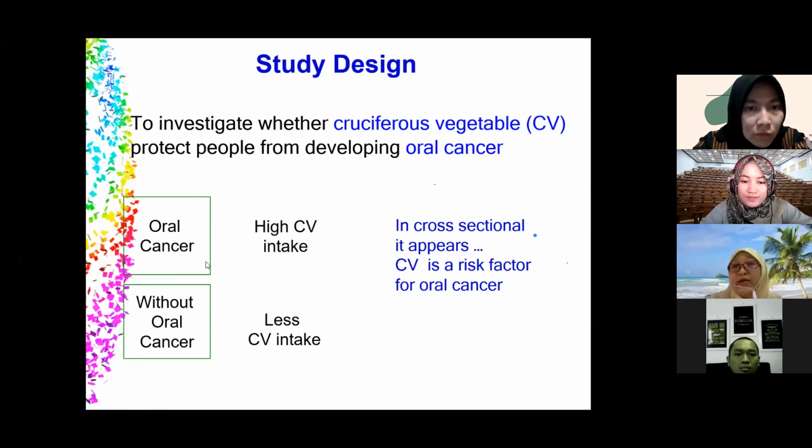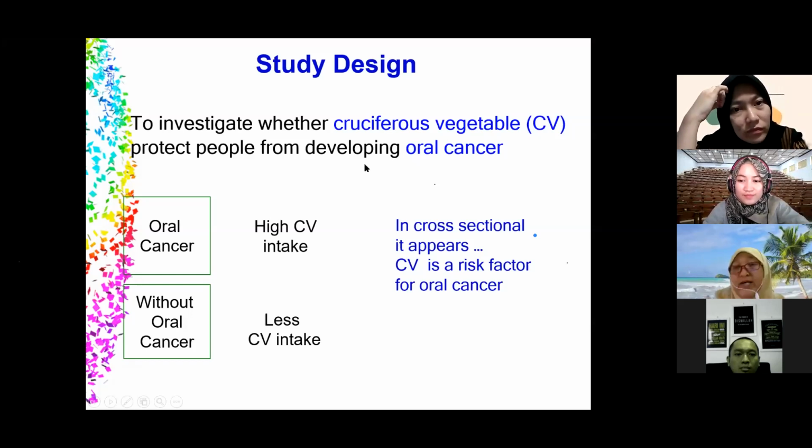Not knowing that this is a not valid finding. Because when you look at ni macam risk factor, protect people, maknanya bukan risk factor, dia tidak boleh cross-sectional again, ya. So, because maybe people with oral cancer ni, they increase their intake of CV. Lepas dia diagnose of oral cancer, baru dia makan banyak cruciferous vegetable, right?